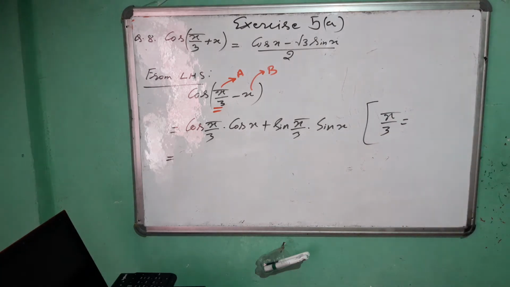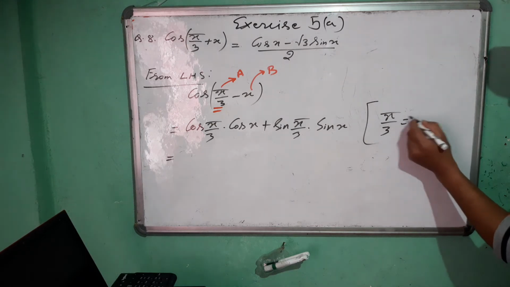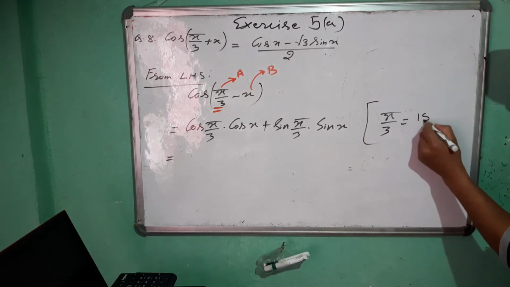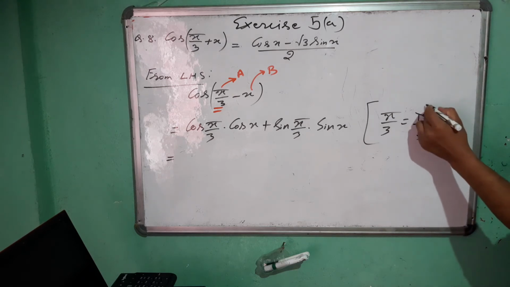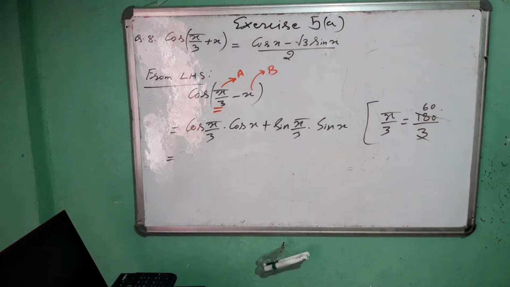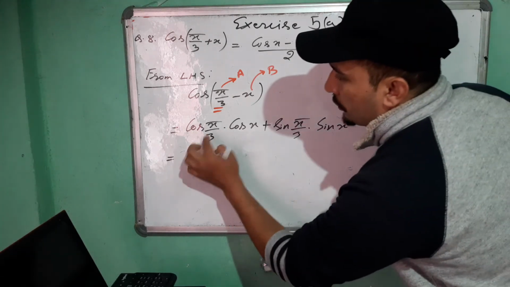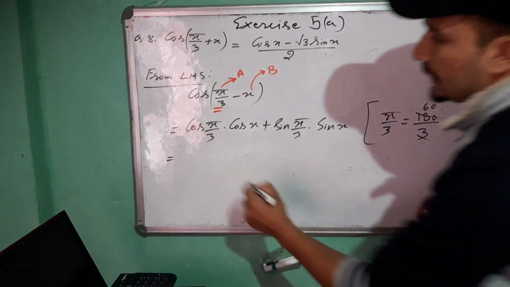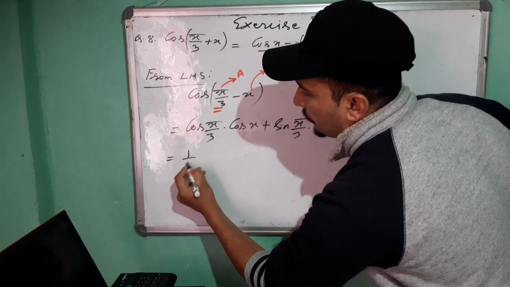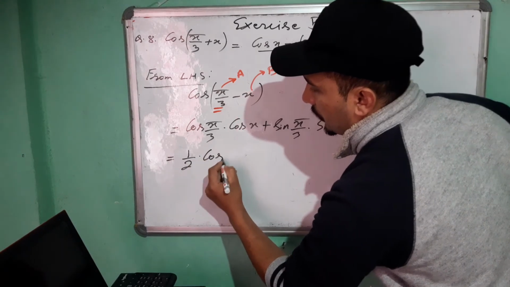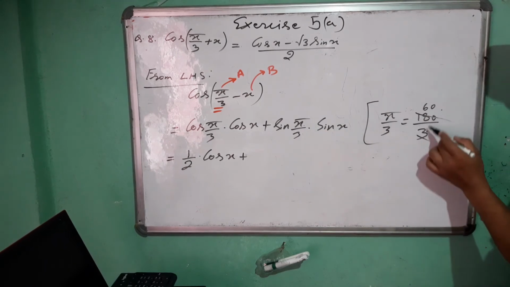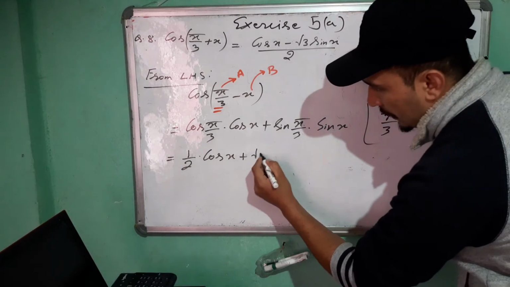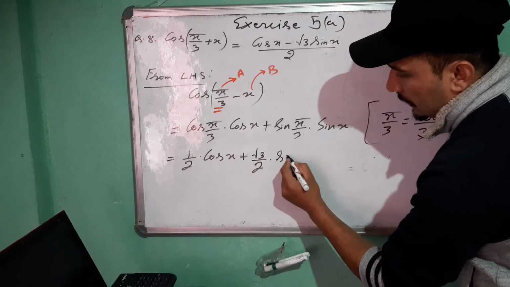This is in radian. If you want to convert this to degree, pi means 180 degree. 180 degree divided by 3 is 60 degree. So pi by 3 means 60 degree. So cos 60 degree, the value of cos 60 degree is half, dot cos x plus, again this is sin 60 degree. Sin 60 degree is root 3 by 2 dot sin x.